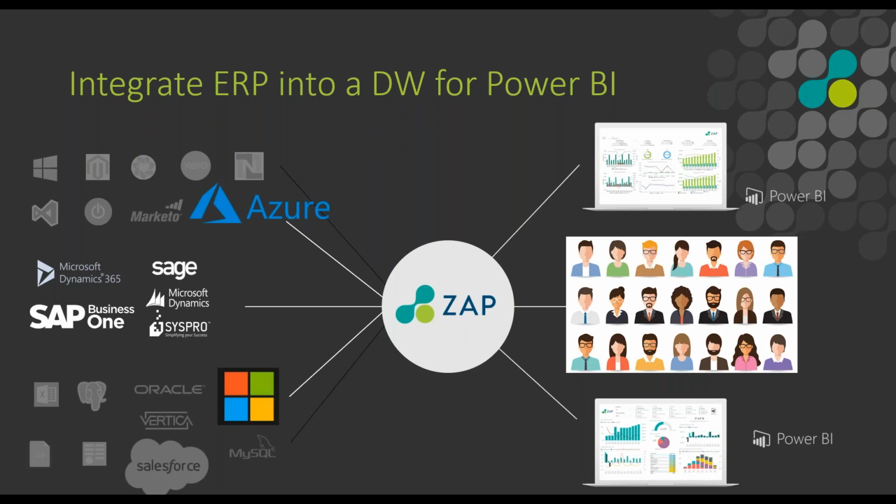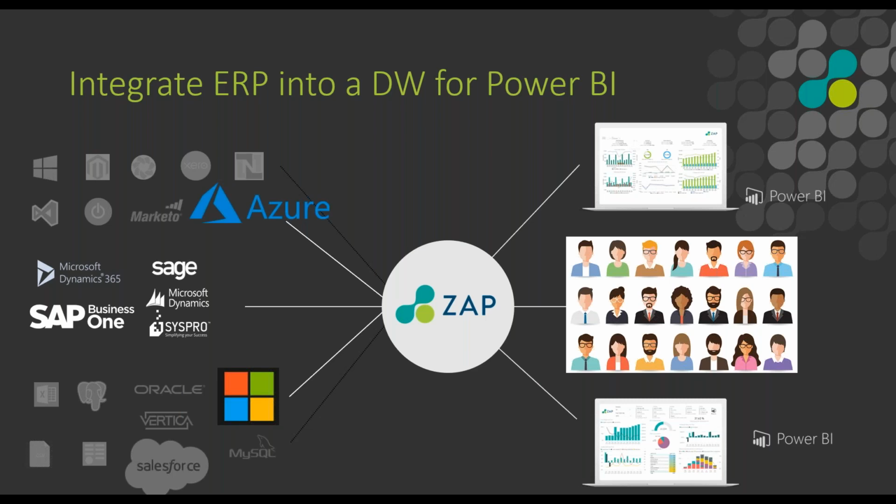This simplistic graphic really just portrays that from a ZAP perspective, using an automation tool like ZAP Data Hub allows you to automate your ERP data from your mid-market ERPs, whether they be Dynamics, SAP Business One, Sage, SysPro, or others. Those are ones that we can very smartly connect to, and I'll explain what smart connectivity means a little bit later.